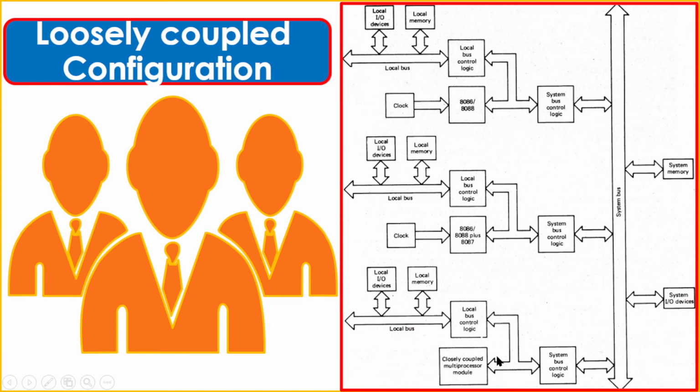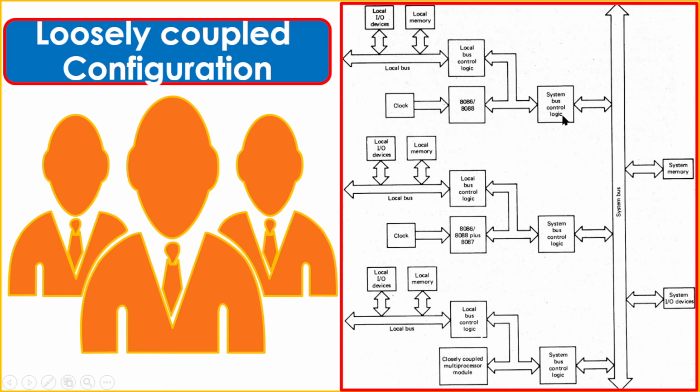Here, one of the systems is a closely coupled multiprocessor configuration, which has its own local memory and local IO. This entire thing is what we saw previously as the closely coupled configuration. Multiple closely coupled configurations can be connected in the system. Here we also need a system bus control logic, because it decides which processor accesses the global memory and global IO.